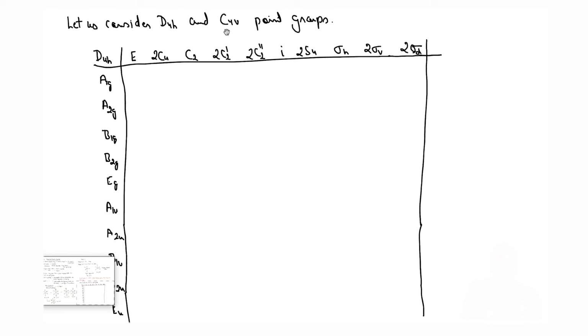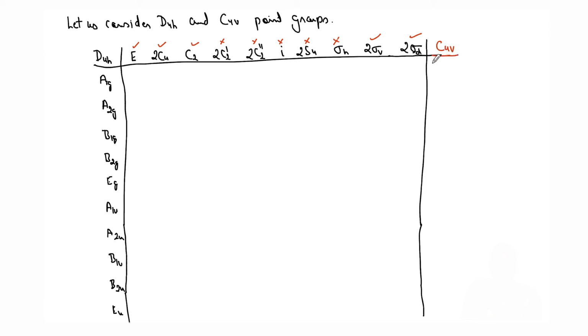That is, it will fulfill all the criteria of a point group definition, but using only some of the elements. If we look at the C4v character table, we will see that it only contains E, 2C4, C2, 2 sigma v, and 2 sigma d. So the C4v point group does not contain any of the other elements, right? So I will write down C4v in red color here.